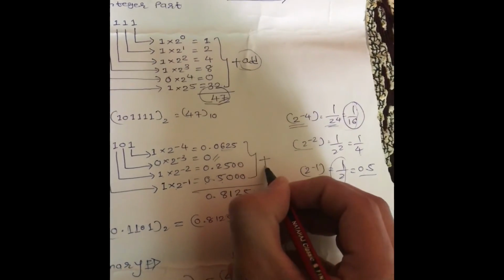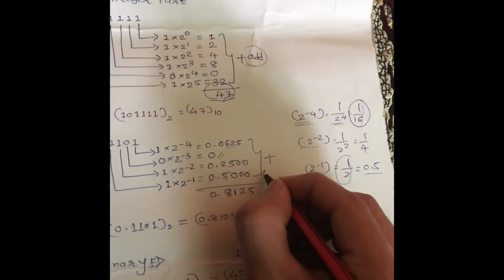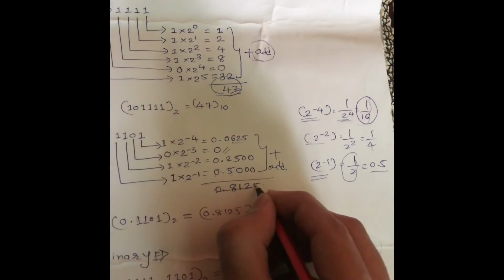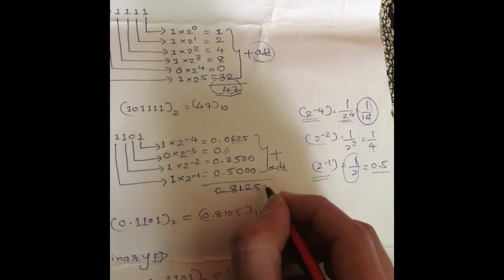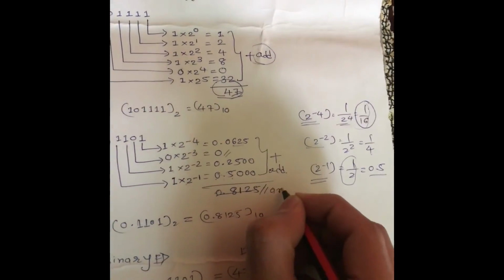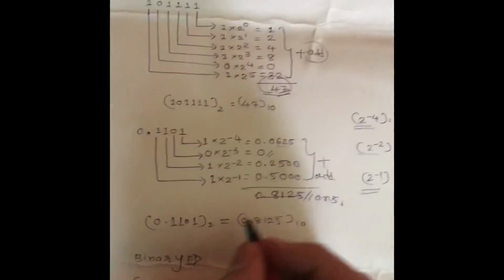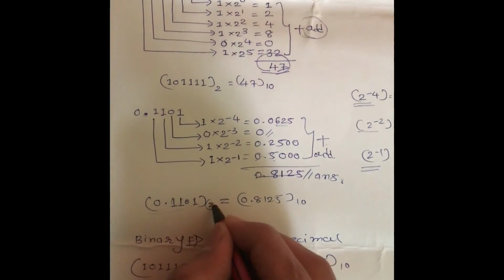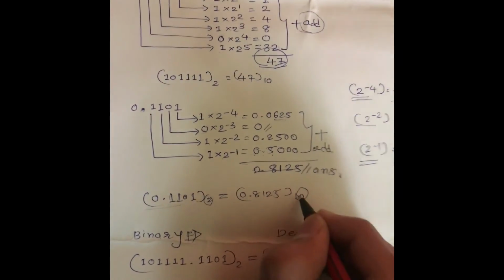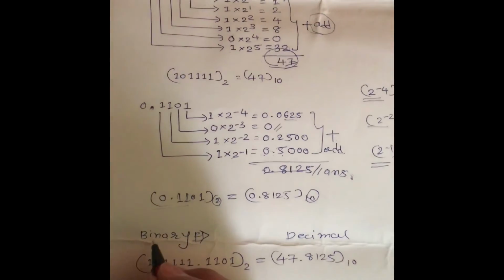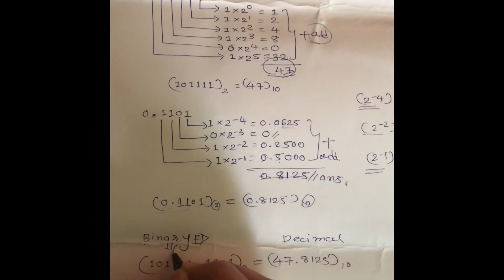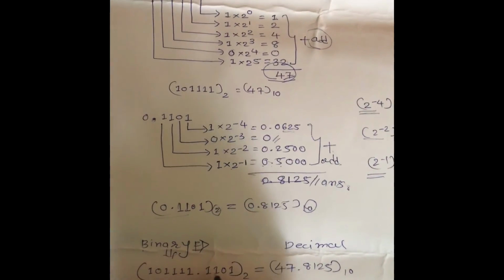Now again add them all correctly to find the answer. As we add them, we will get 0.8125. So for the point part, 0.1101 binary, we can also write 0.8125 decimal. Now write the final answer as well.